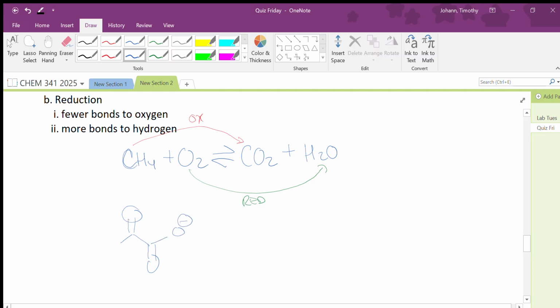Another common one: at the end of glycolysis, you make pyruvate. This is the structure of pyruvate. What happens if you're working out really hard? You make lactic acid, right. Your pyruvate gets turned into lactate.